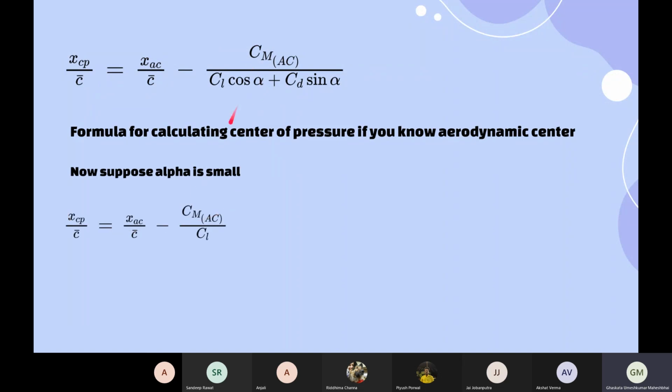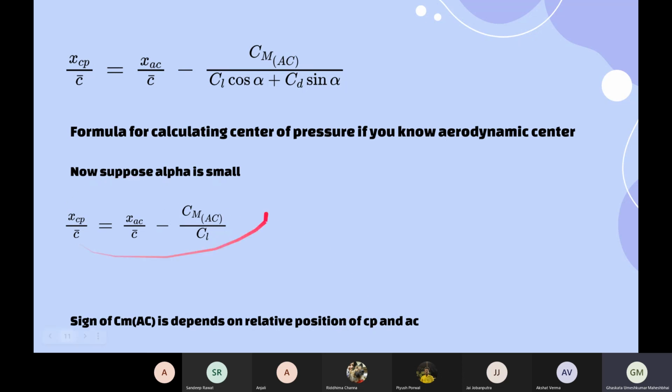We take alpha small and we get this equation, where xcp is the position of the center of pressure, c bar is, as usual, the mean aerodynamic chord, CL is the lift coefficient, and the sign of CMAC actually depends on the relative position of CP and AC. Okay, so let's verify this formula.